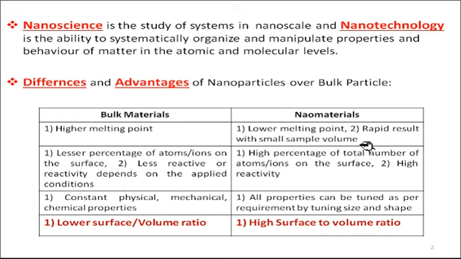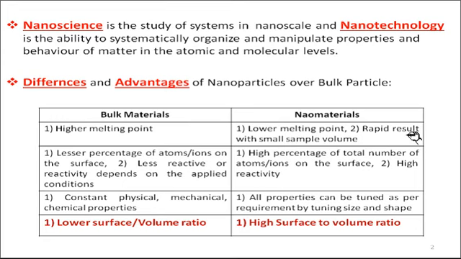It means you will use a small amount, but the result you get will be very effective. Even a small quantity of these nanoparticles is sufficient to solve the purpose, okay.